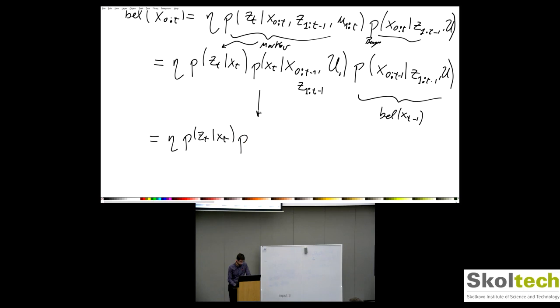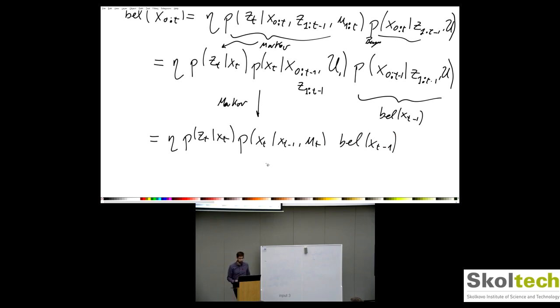Here, yeah, we apply Markov, right? So we do have this. And then, as I said, this is just going to be the belief of xt minus 1. Right? So this is very, very similar to the approach that we had before.